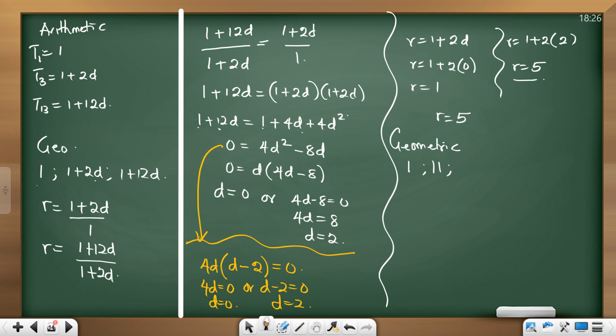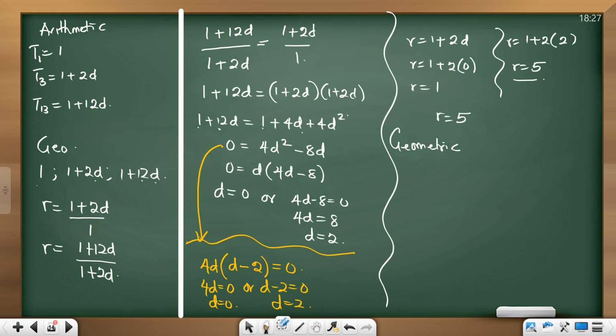What's the third one? 5 times 12. It's 12d. Oh, no, sorry. Okay, no, I made a mistake.